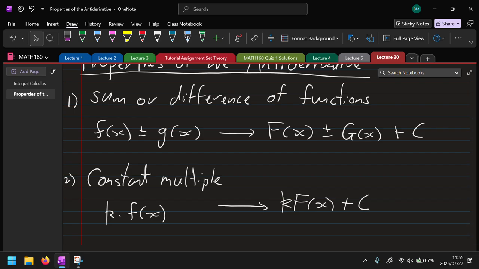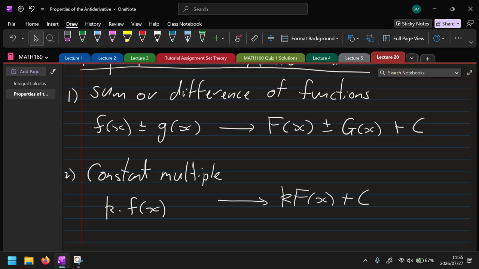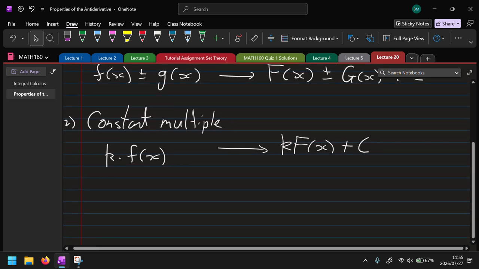Okay. So if I give you some function, again, like x sine x or x squared e to the x, you have to do all of them case by case. There's no rule for a given function to the antiderivative. So big warning sign.